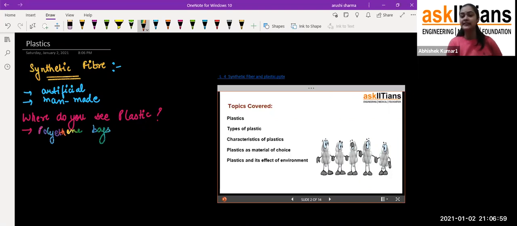If we are going somewhere, we carry a bag along with us so that we can put our stuff into it. Then we also have plastic bottles.